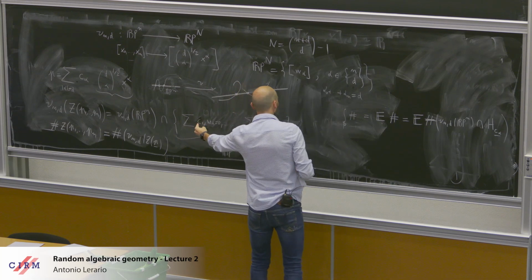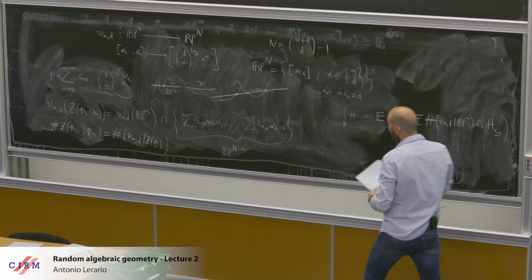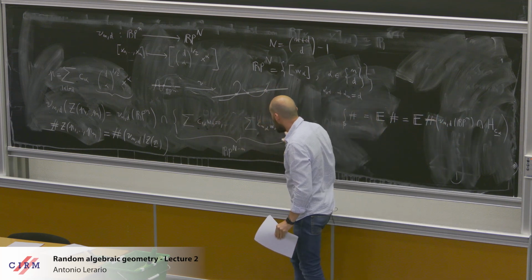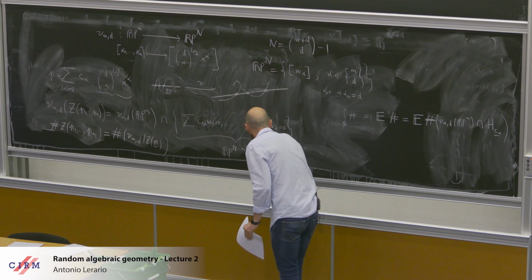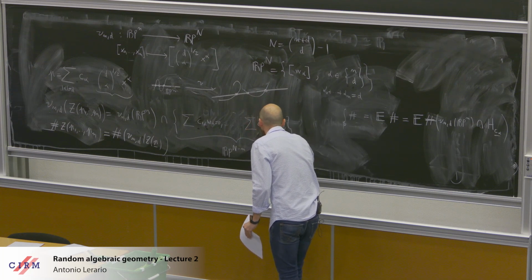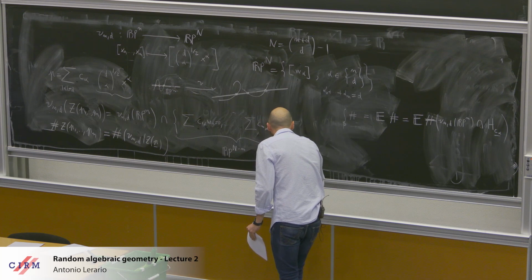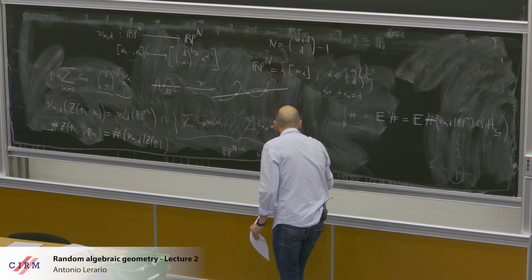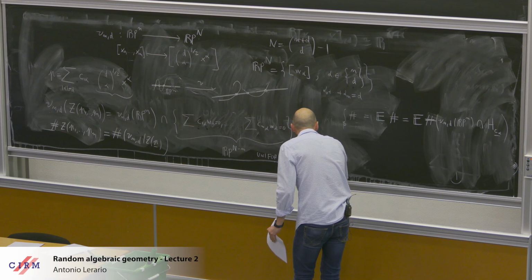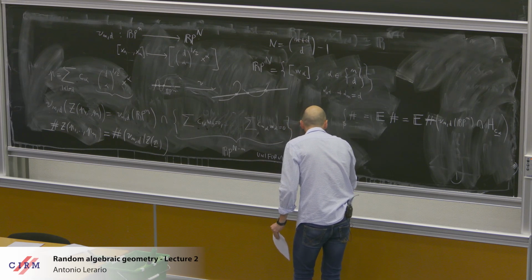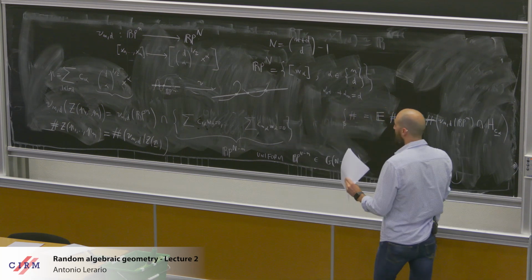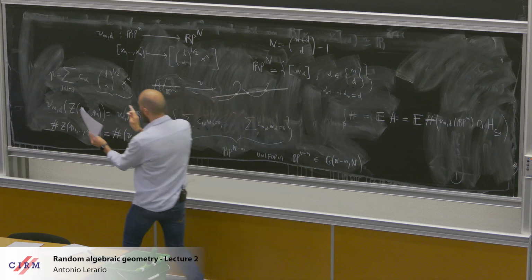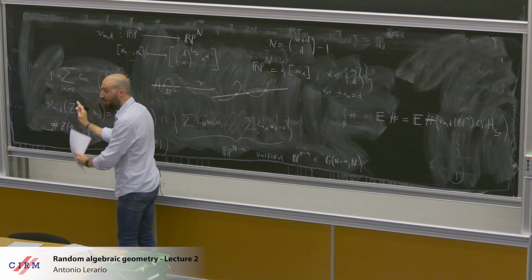But when we translate back, this equation defines a uniform RP big N minus n, so a uniform element in the Grassmannian of big N minus n planes in big N. So what I'm saying is, the random coefficients were in the polynomial at the beginning.